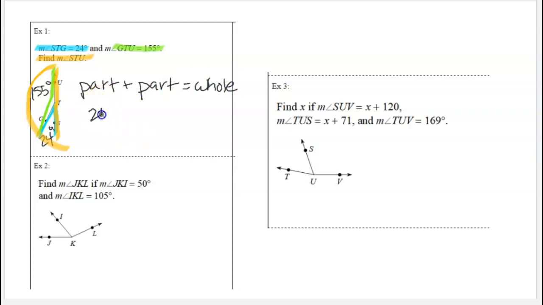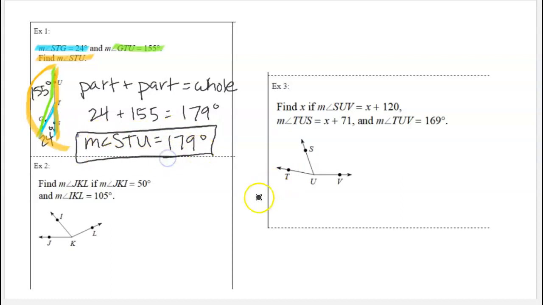So in this case I have 24 plus 155, which will equal my whole angle, and that is 179 degrees. So the measure of angle STU equals 179 degrees. And that is my final answer.